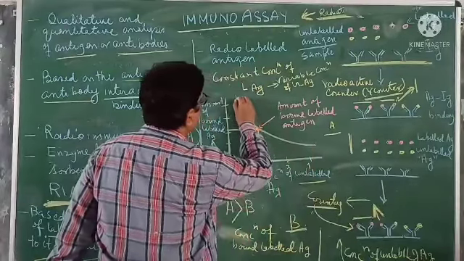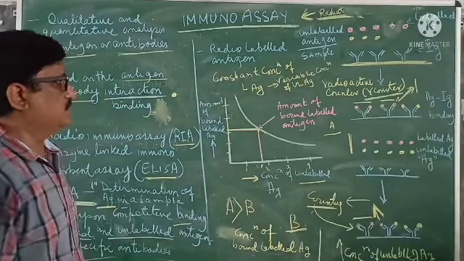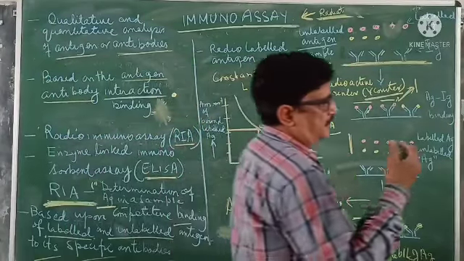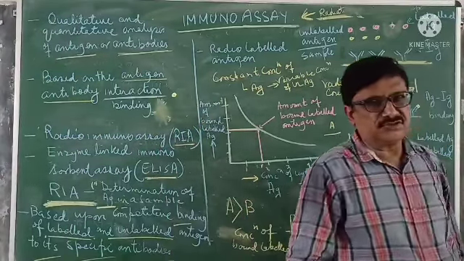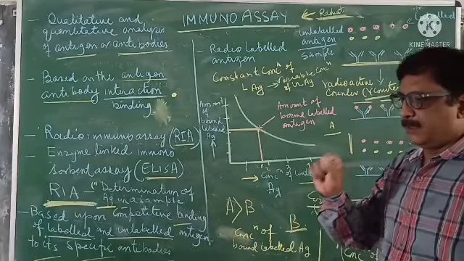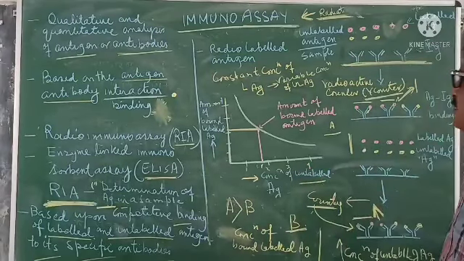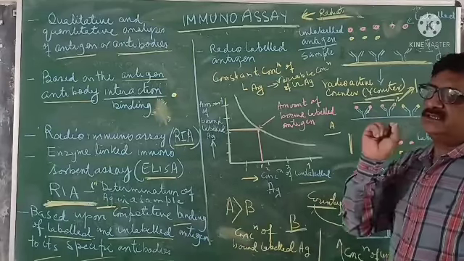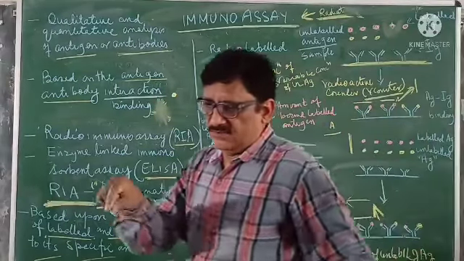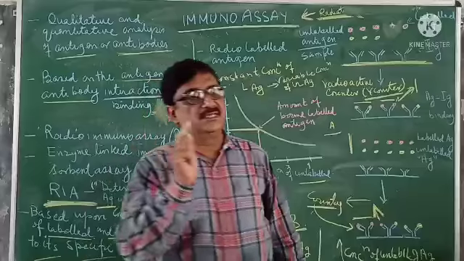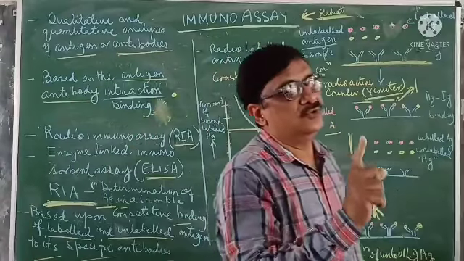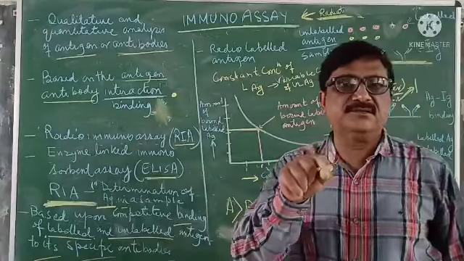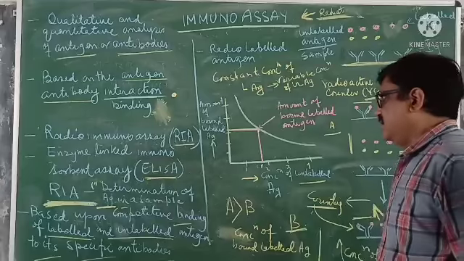Okay, so suppose in the solution we take the known concentration of antigen and known concentration of antibodies, and along with that the sample is also added. The sample contains the unknown concentration of that particular antigen.